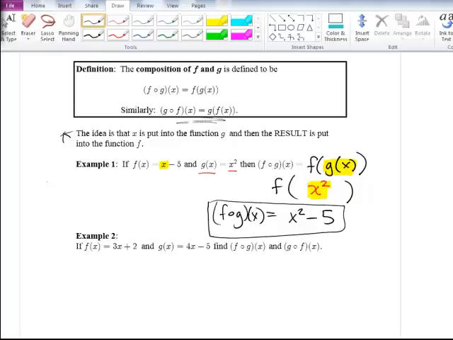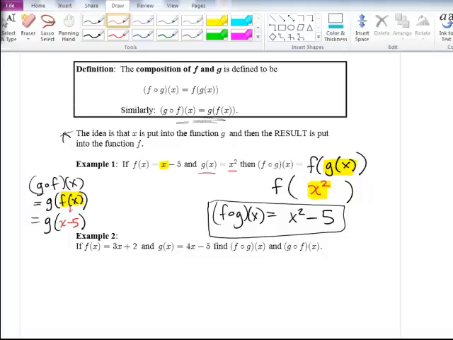Just to compare, let's look at what g circle f of x would be for this example. Then g would be on the outside and f on the inside. And so we would replace f of x first and use that as the input for g. f of x is x minus 5, so I replace this expression that used to say f of x with the formula for f of x.